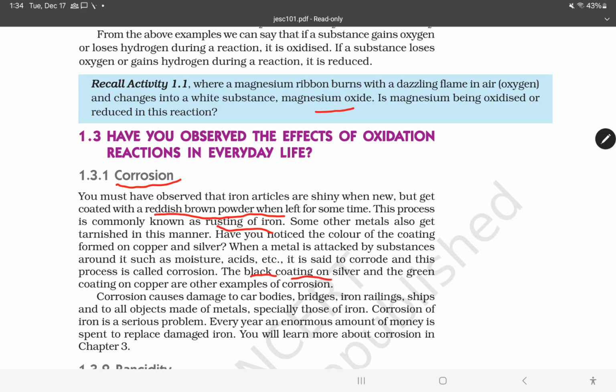If you leave silver items or idols at home and don't clean them for 2 to 3 days, you will find a black coating on the silver. This is also because of a reaction with oxygen. Corrosion is a very serious problem in the case of iron, right? If we leave that item like that for multiple days or years, definitely it is going to get damaged after some days.